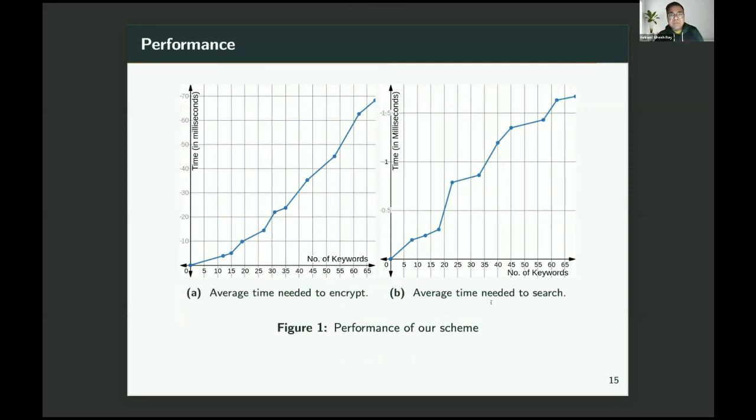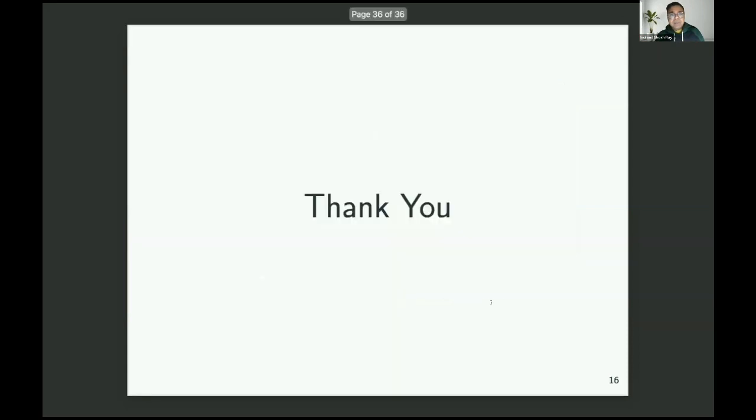We have a minimum viable product, and we are trying to integrate and apply this to the biggest animal biobank data in Northern Ireland, in the UK. So far we applied it on a TIMIT data set, and this is the performance graph roughly. So thank you for your attention, and I'm ready to accept questions if there are any.